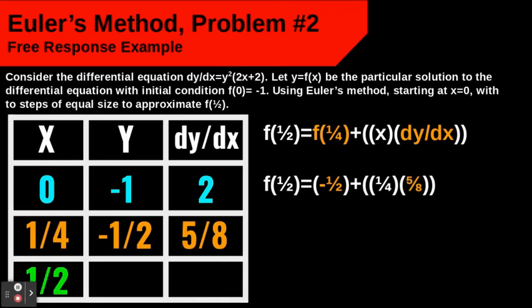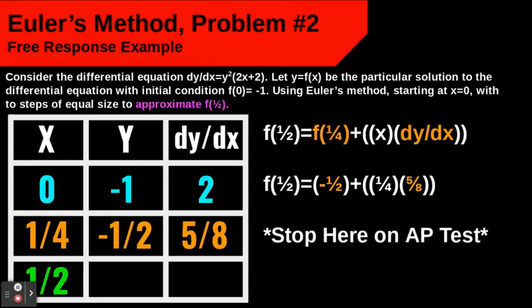However, when you reach this point, you should stop on the real AP test. The goal for this question is to approximate f of 1/2. At this point, we have f of 1/2 equaling a series of numbers and symbols, and there are no variables in the equation.